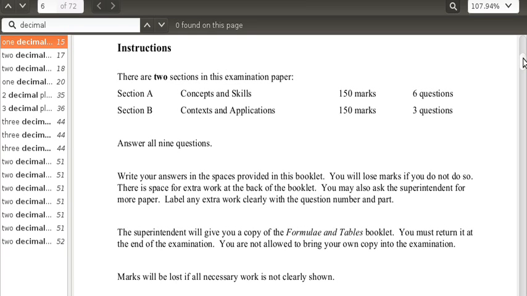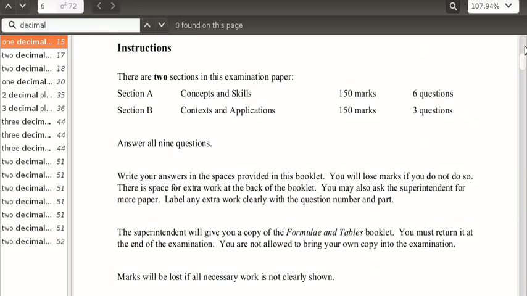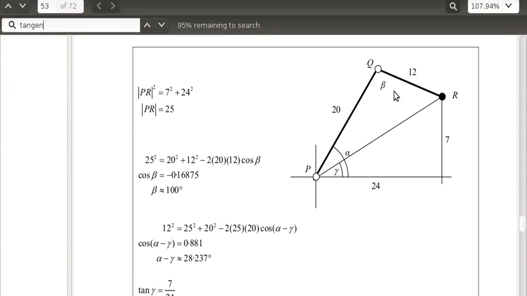It's not clear, but I think it should be okay to get full marks still if you leave your answer like this instead of in surd form, because the question never said to give the answer in surd form or to give the answer exactly.